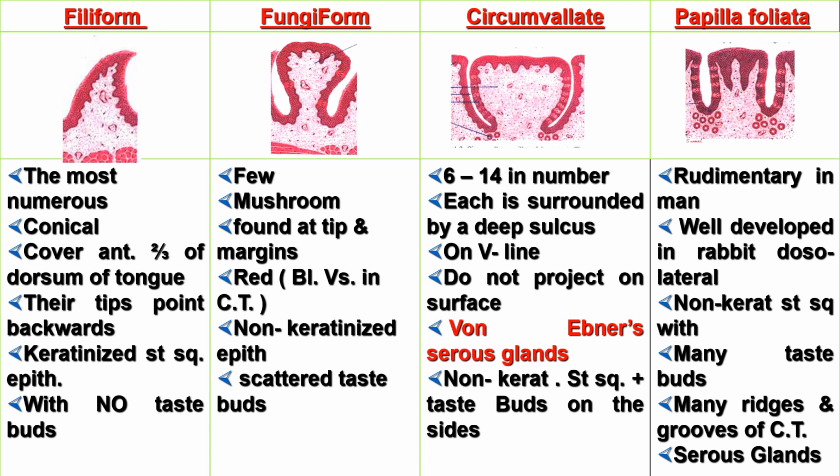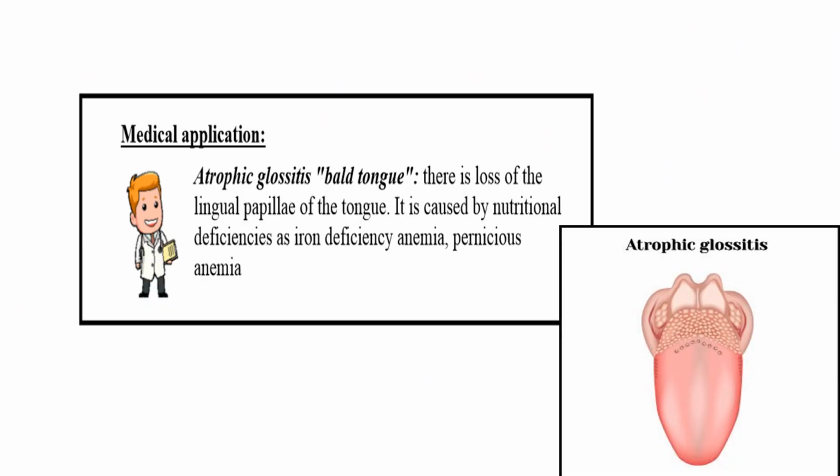Now let's see the medical or clinical application on the tongue. In severe nutritional deficiency, such as severe iron deficiency anemia or pernicious anemia, there is decreased nutrition, so no ability to make tongue projections, no ability to make papillae.